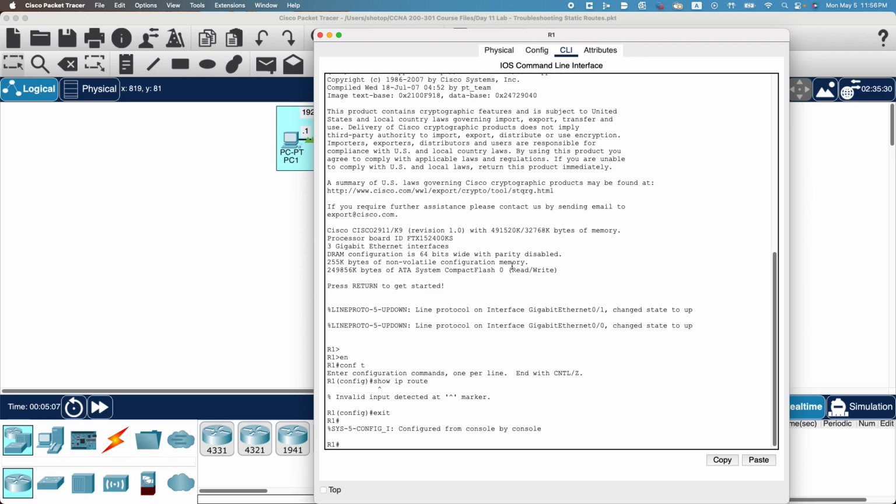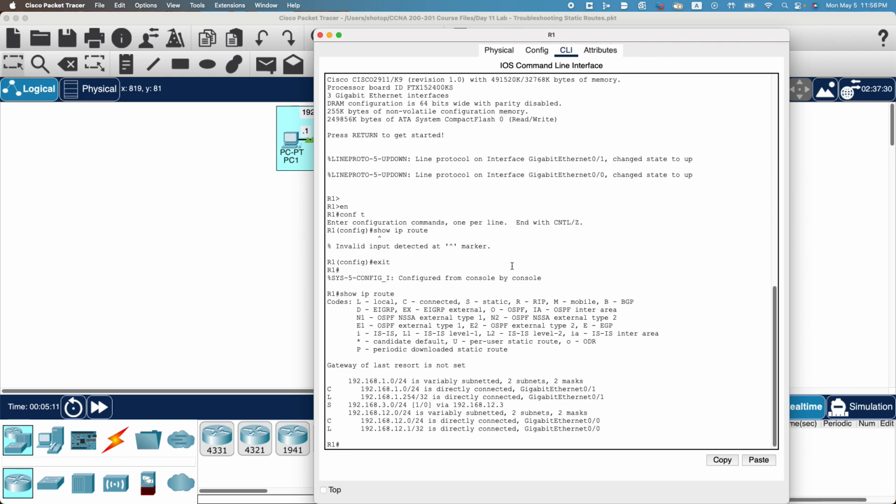I don't need to be there. Okay, show ip route. This is the routing table of router 1. As you can see, designated here by this S, there is a static route created.